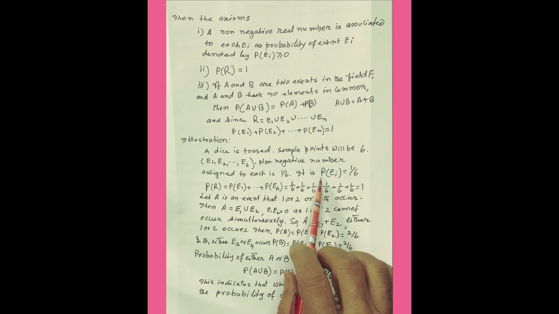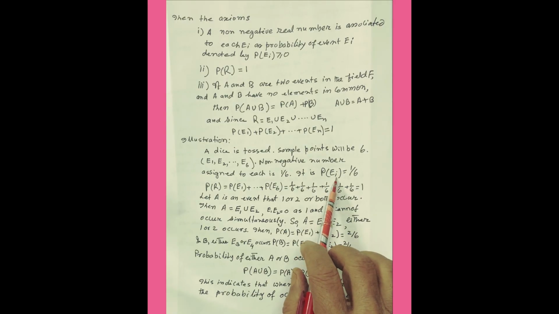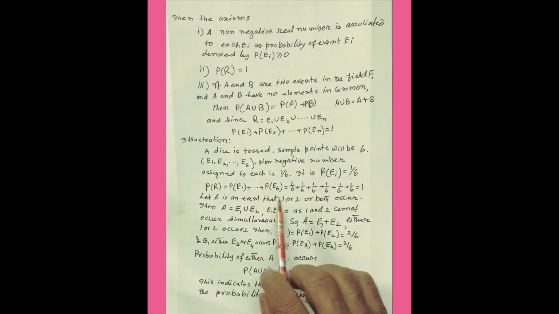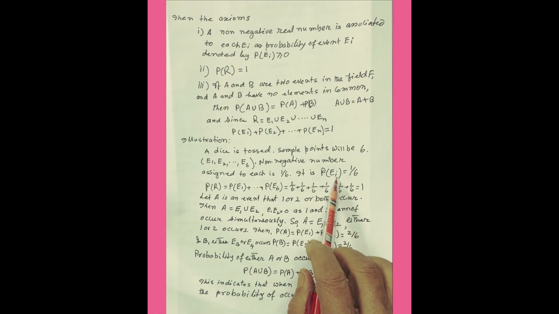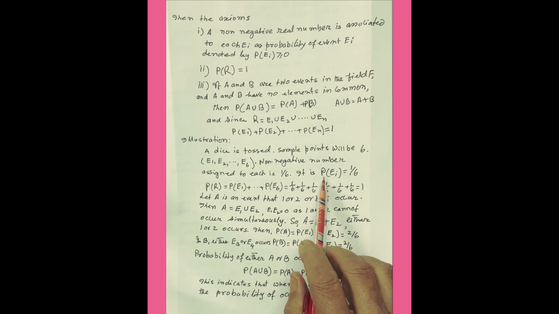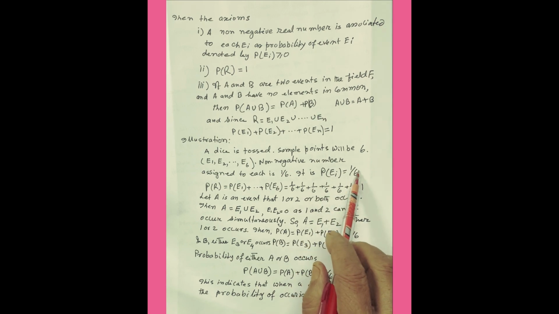So it is written as the probability of Ei, where i ranges from 1 to 6. So i may be 1, 2, 3, and so on. The probability of Ei is equal to 1 by 6.